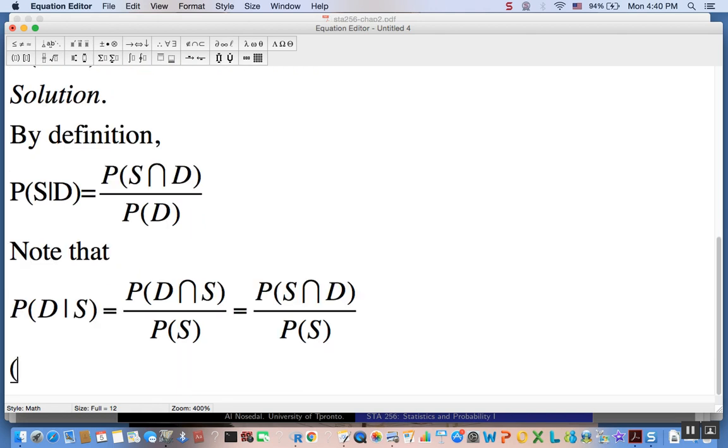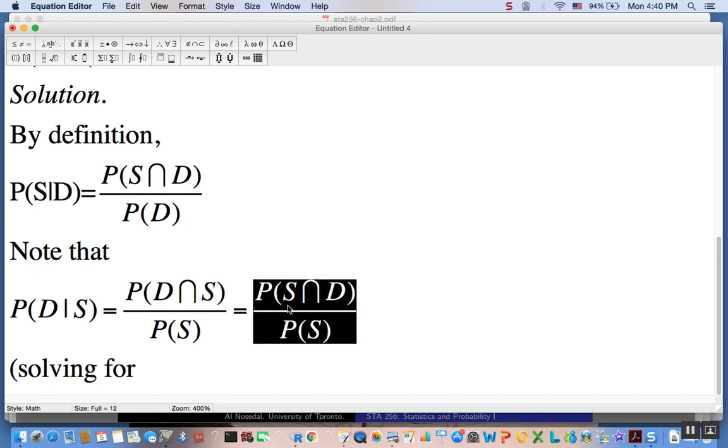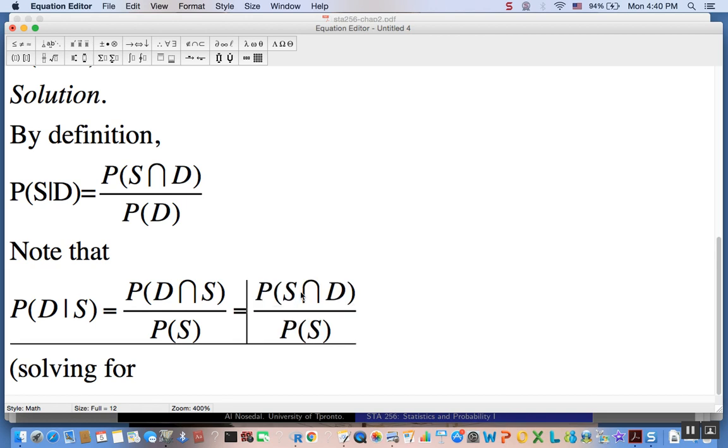Then what we are going to do is solve for this guy. This is the one that we want. The one at the top, the intersection.